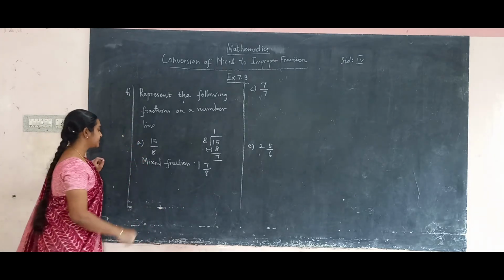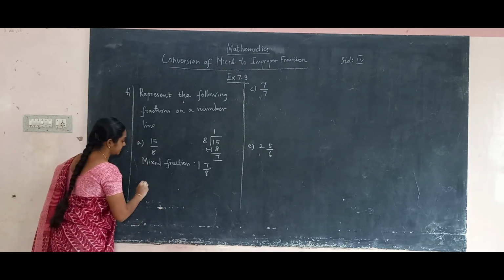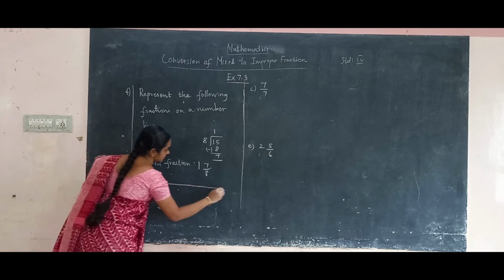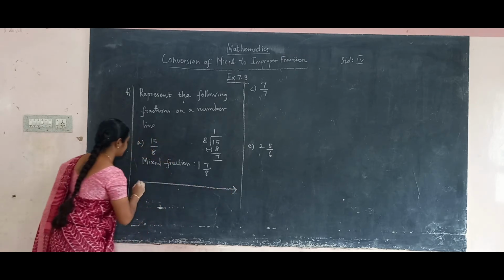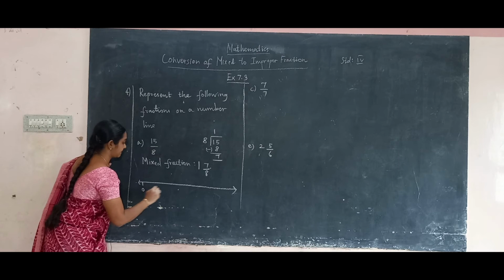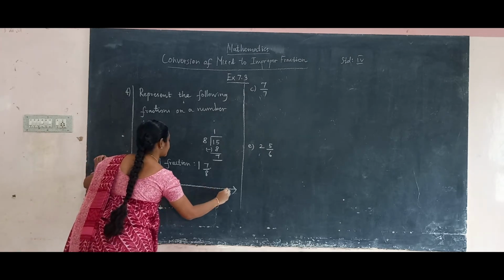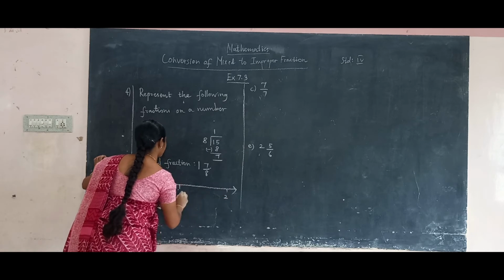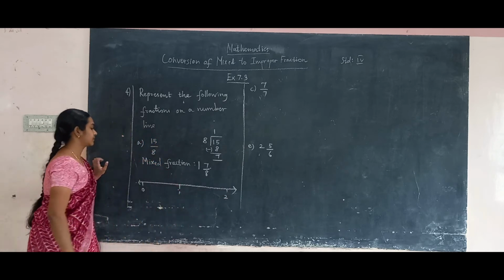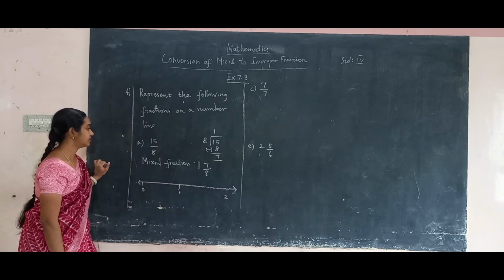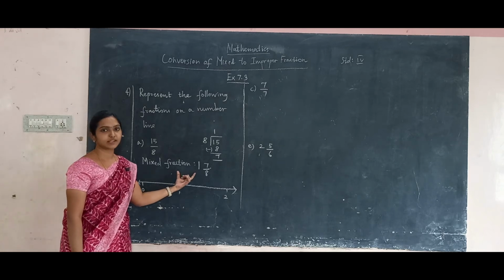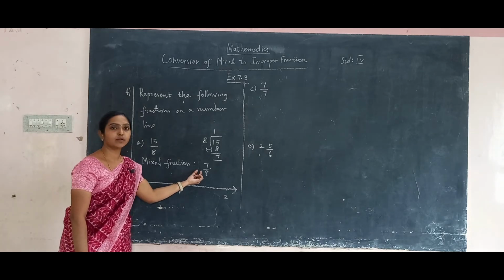The next step is we have to draw the number line. Look at the mixed fraction. 1 is the whole part here.